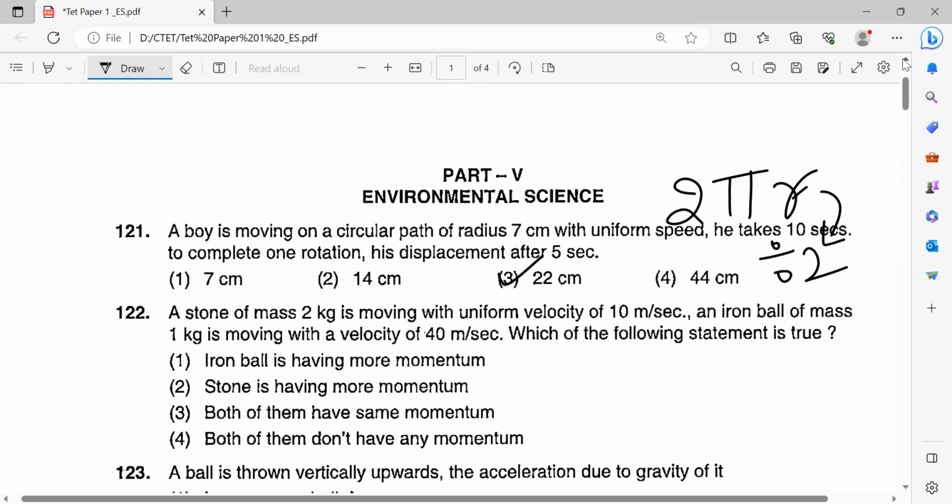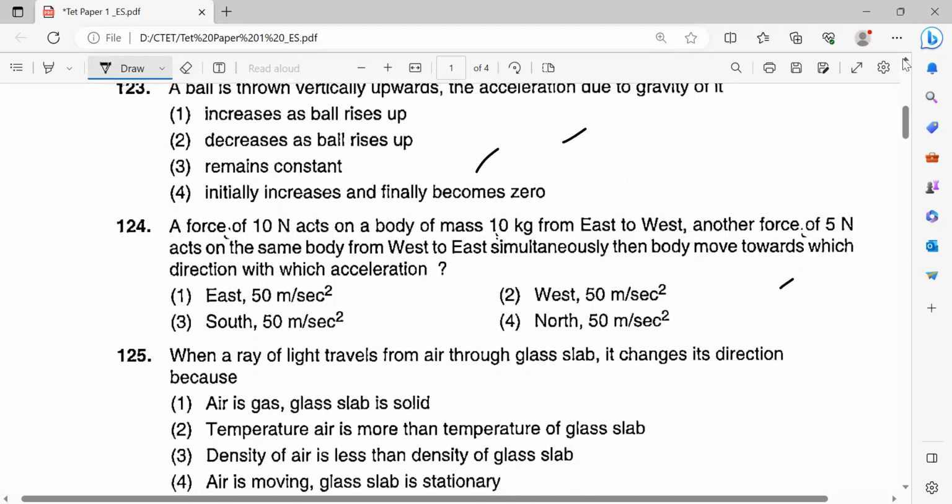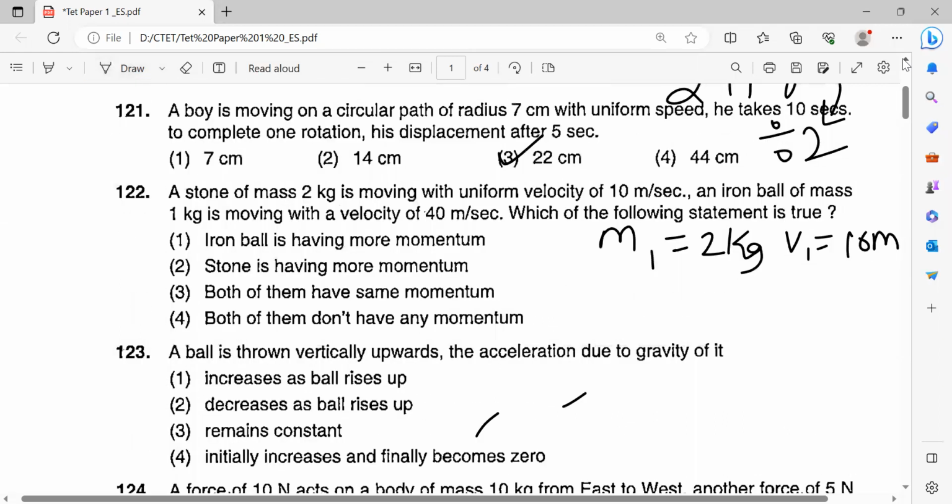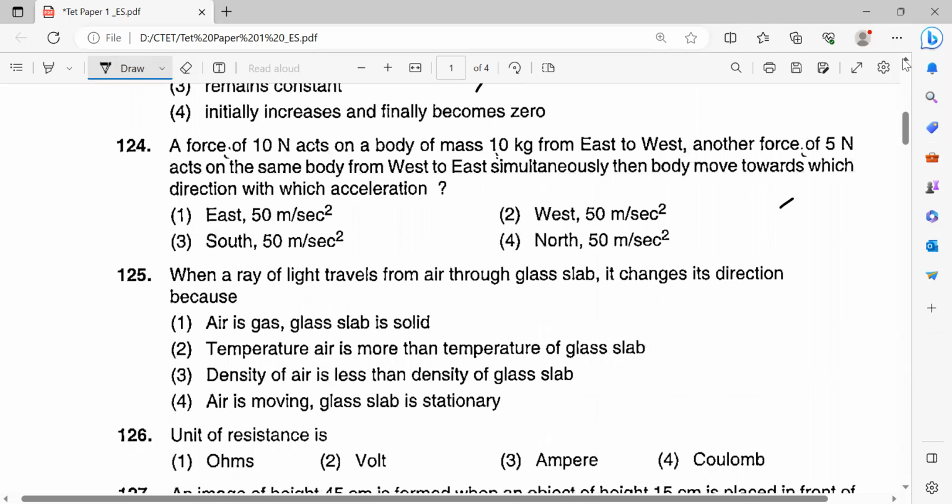So here they have given the masses. Let us consider the mass of the stone as M1. M1 is 2 kg, and the velocity of the stone is V1, 10 meter per second.